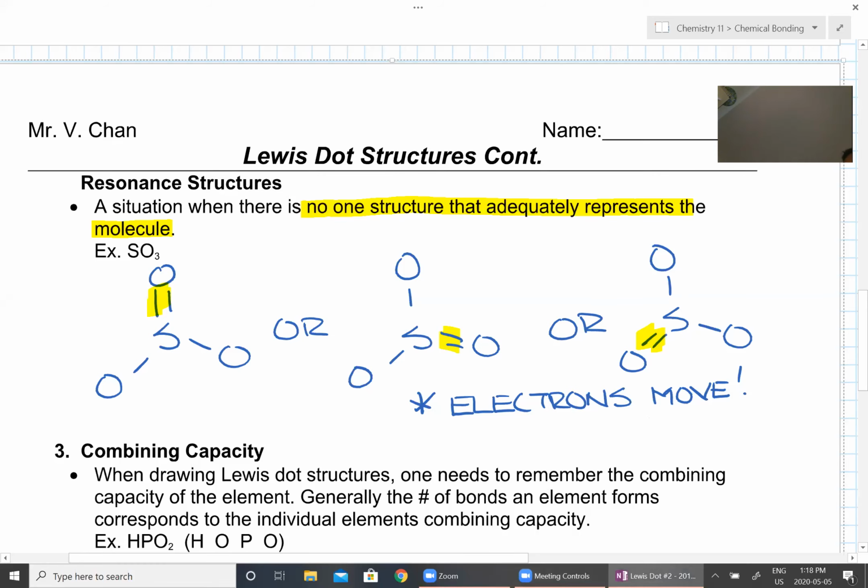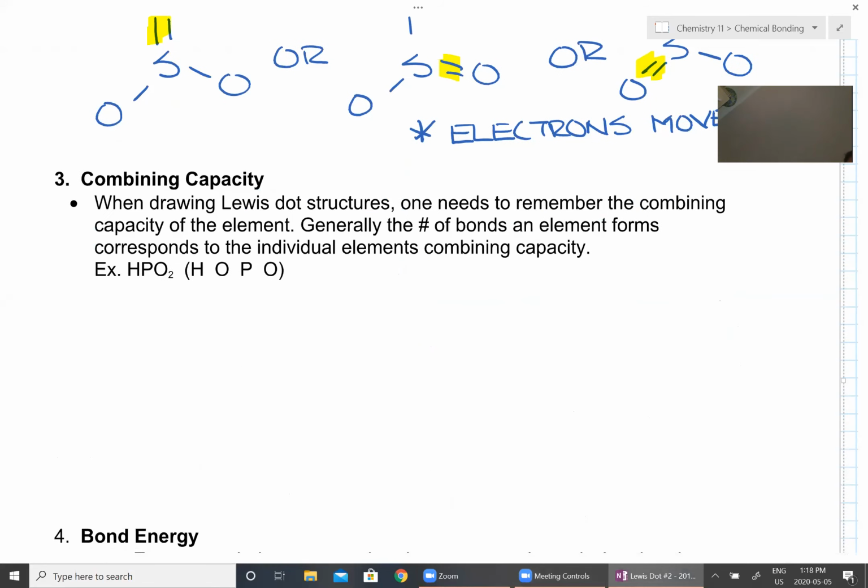Now, when we're doing Lewis dot structures, we also have to consider something called combining capacity. Okay, now, one needs to remember the combining capacity of the element. And generally, the number of bonds an element forms corresponds to the individual element's combining capacity. Now, what do I mean by this?